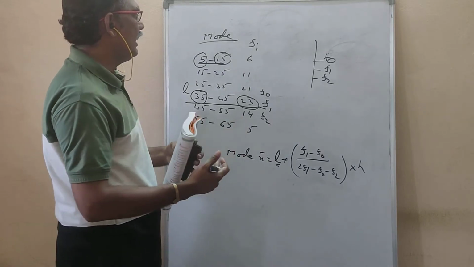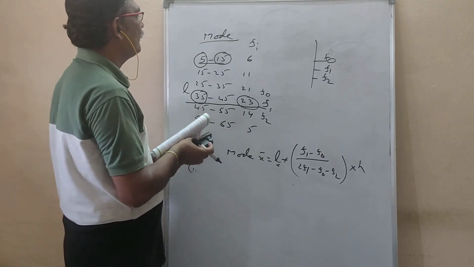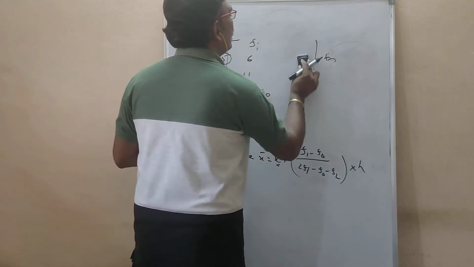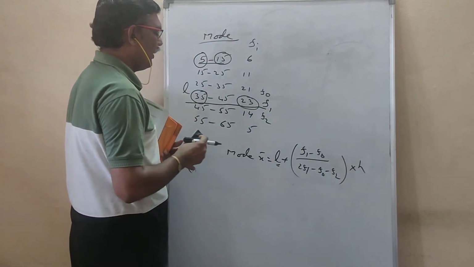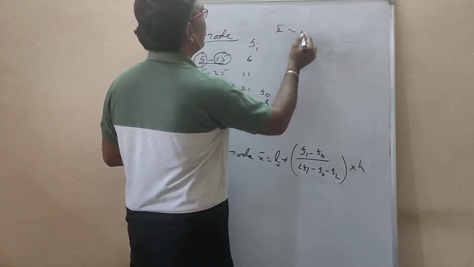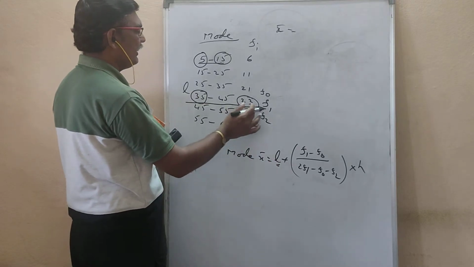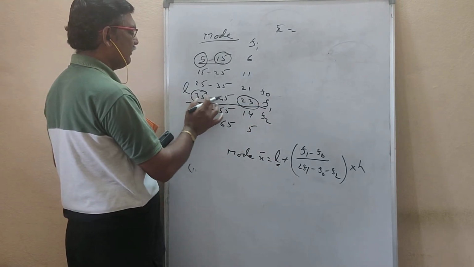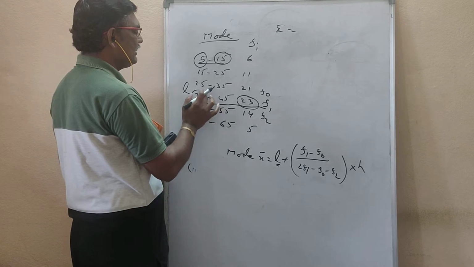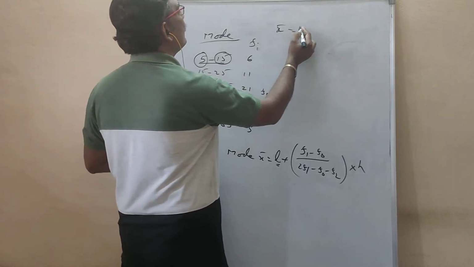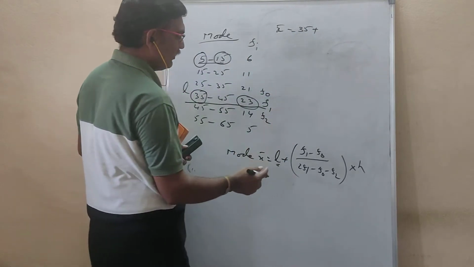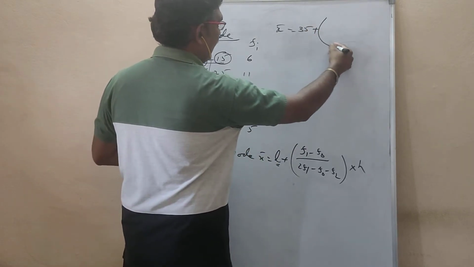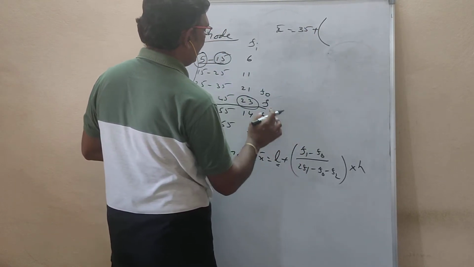Now we have to substitute whatever values in this formula. Mode is equal to L. What do I have to write here? I underline here one frequency, one class. In this class it is the lower boundary. So in place of L I am writing 35 plus, open the brackets, F1.